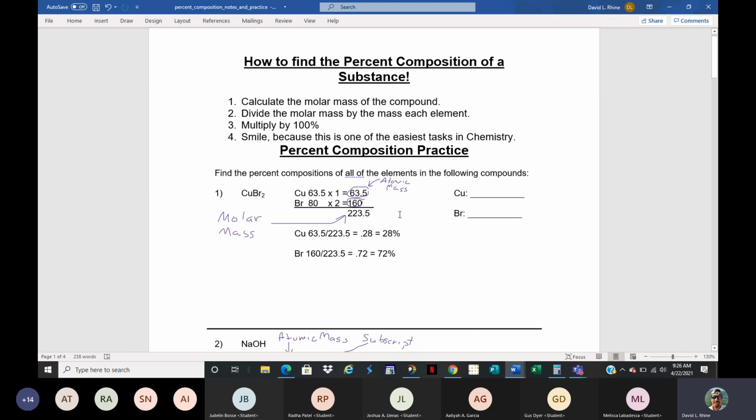So next what we do is we take these numbers, the 63.5 and the 160, and divide them by 223.5. And then you turn that into a percent. Okay? That's all there is to it. Now notice the percent here, this adds up to 100.